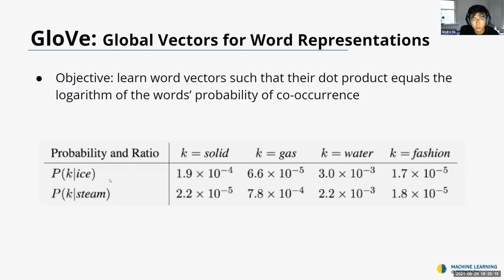And if you look closer, you'll realize that ice has a higher probability of co-occurring with solid than with gas or with fashion. That makes sense because these two words are related. They're more likely to appear together. And steam is more likely to appear with gas as compared to solid. And neither of them is likely to co-occur with fashion because that's a completely unrelated word.